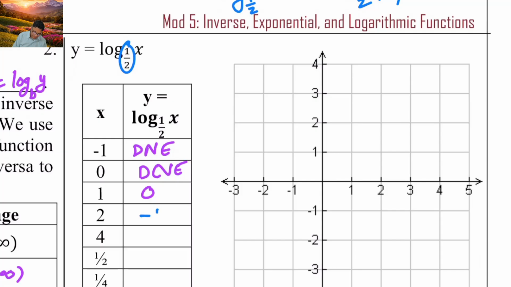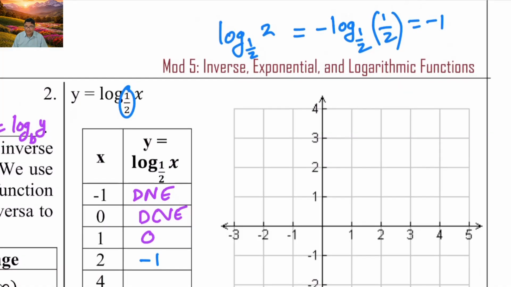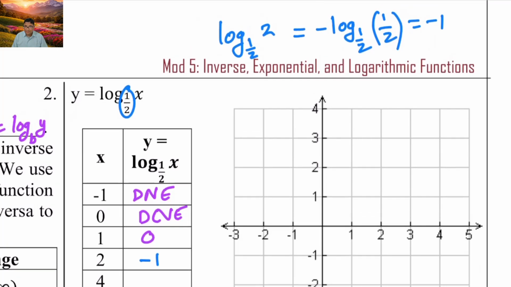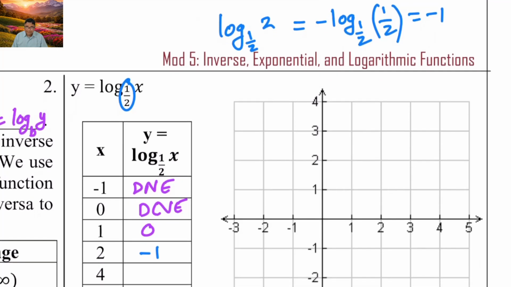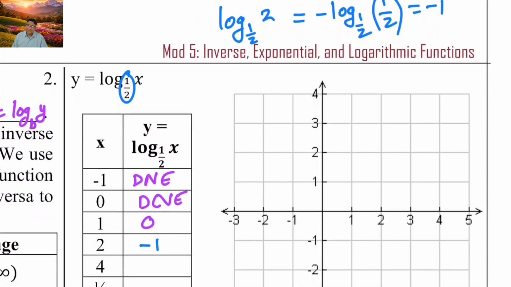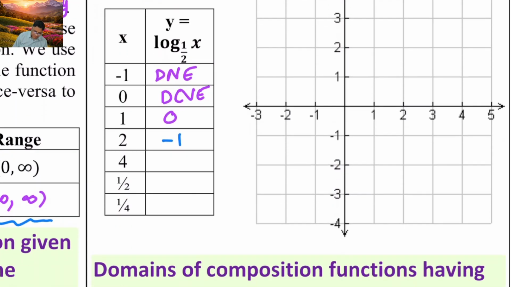So at 2, this is -1 because the base is half here. Remember it. What's another way of evaluating? Actually, that's the best way. Similarly, log of 4 with base half.